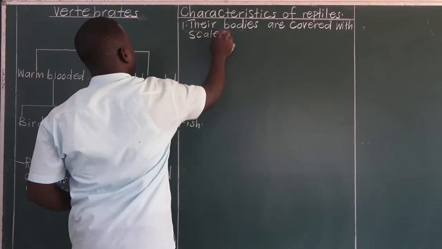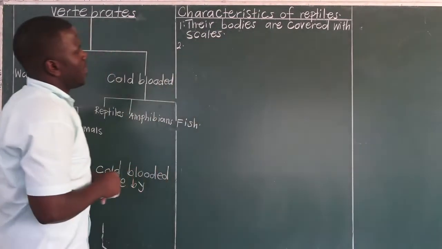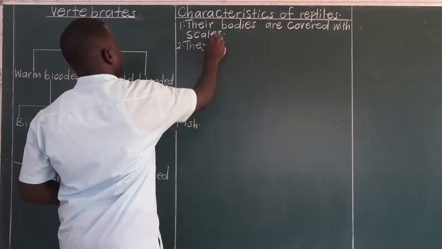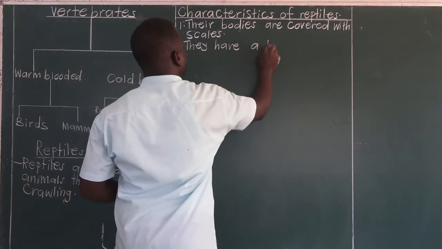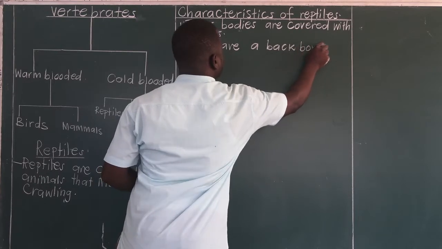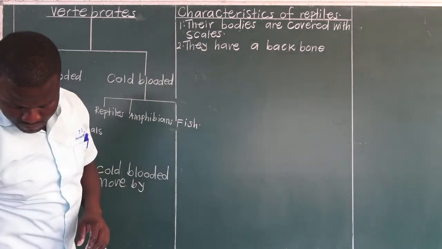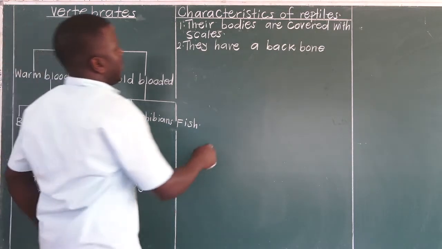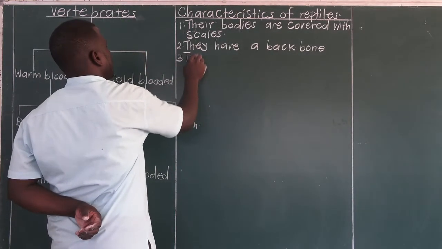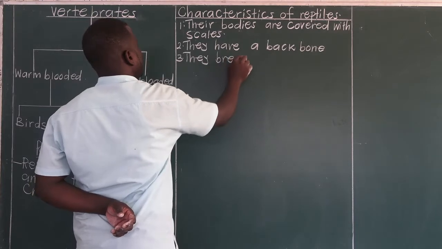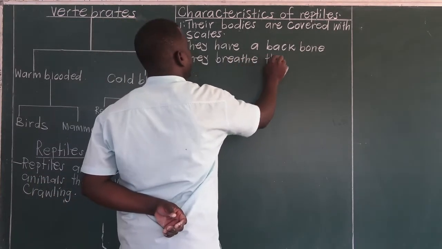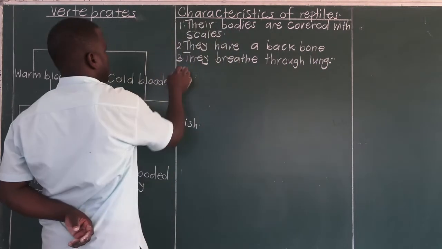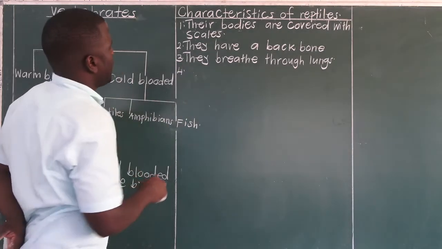Number two, they have a backbone. Three, they breathe through lungs. Number four, they reproduce by laying eggs.